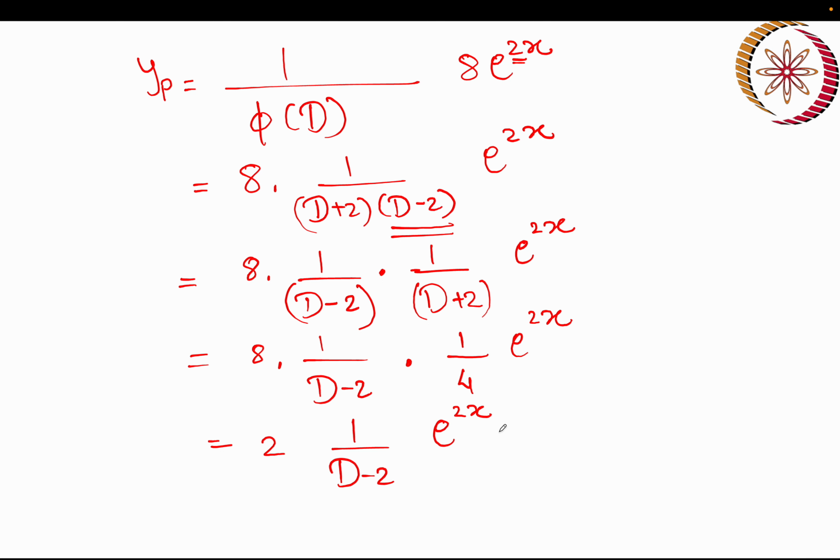Now this is the problem. I'll explain this one. In general, if we have 1 upon D minus m on any f of x, it is nothing but e raised to mx times the integration of e raised to minus mx f of x dx.